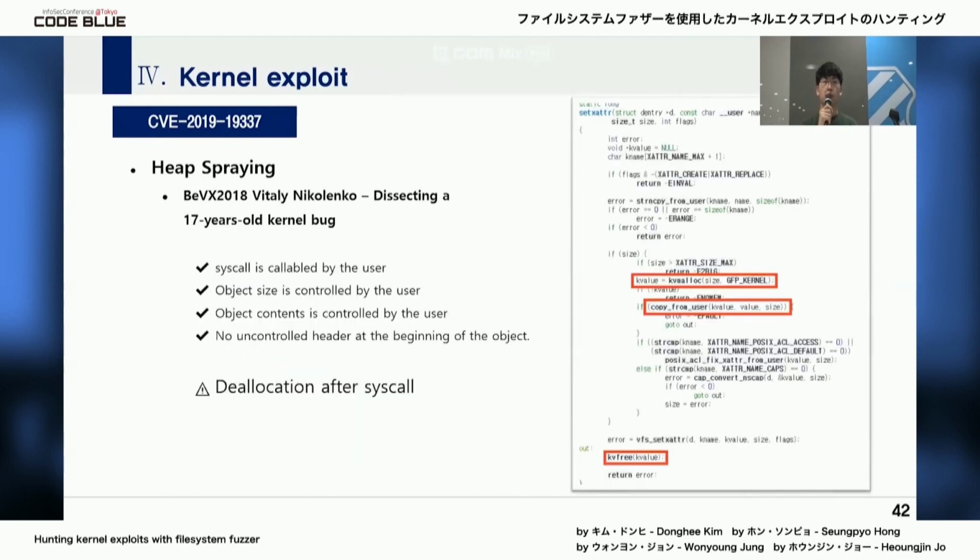This technique uses the ZX80TR syscall, and the allocation size can be set from 8 bytes. However, when the syscall terminates, the allocated memory is freed, so heap spraying was not possible with the syscall alone.